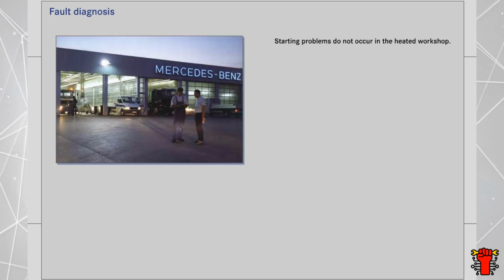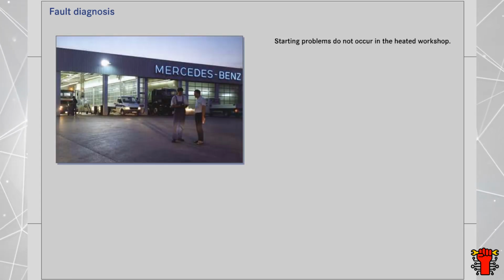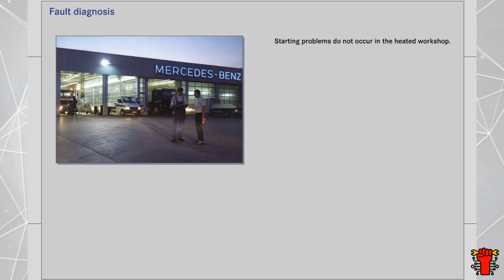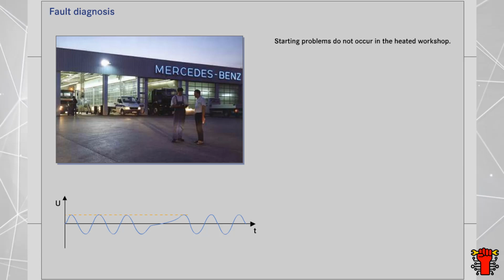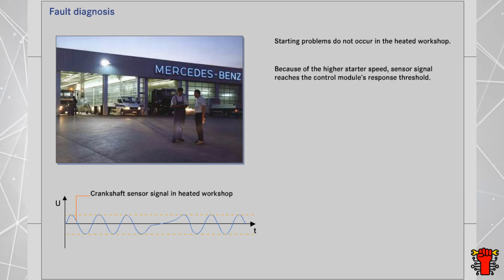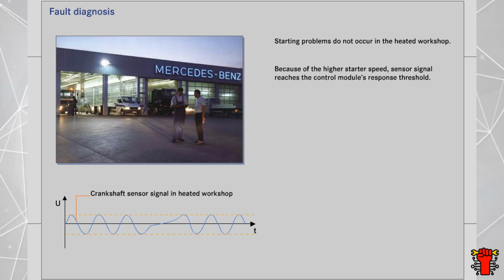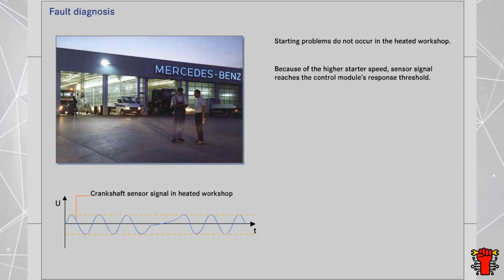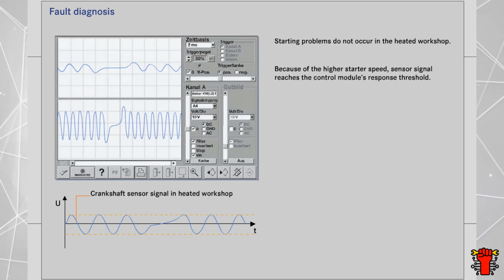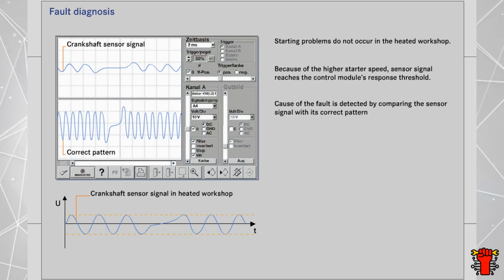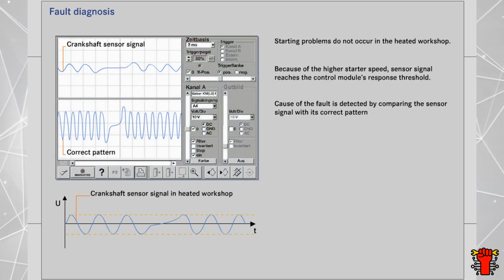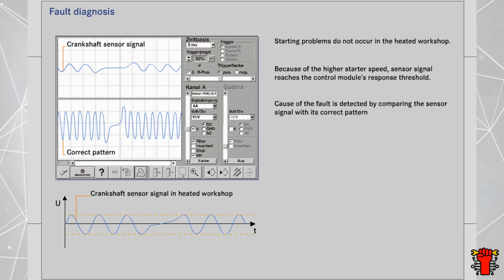In the heated workshop, the fault doesn't reoccur because the ambient temperature is higher. The starter speed is now higher. The sensor's signal oscillations reach the response threshold of the control module and the engine starts. The cause of the fault can be detected by comparing the signal form of the sensor with its correct pattern.